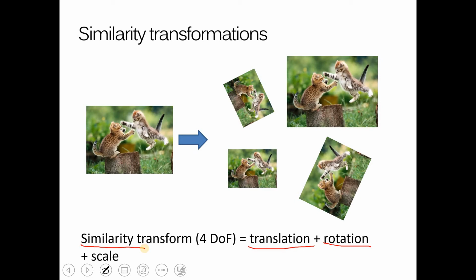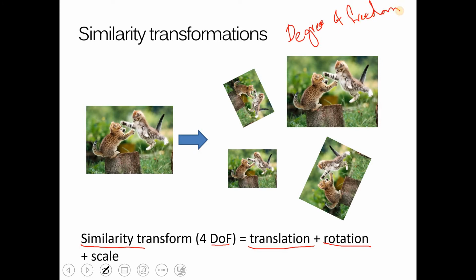There is a concept used over here called the degree of freedom, DOF. Now, what is degree of freedom? If some of you have taken a short course on robotics, you will definitely know this.